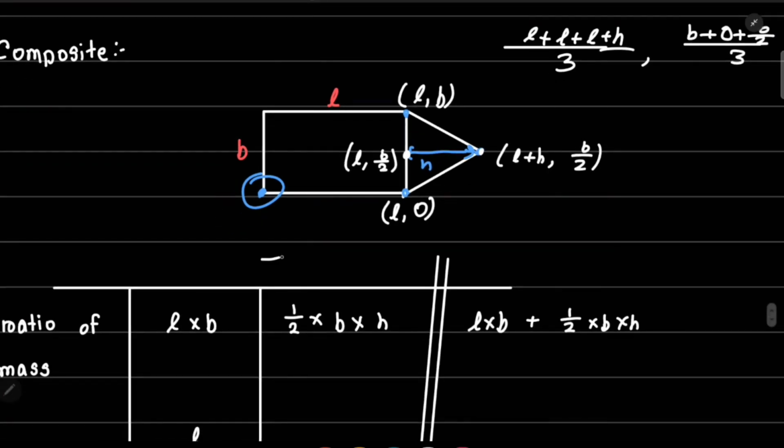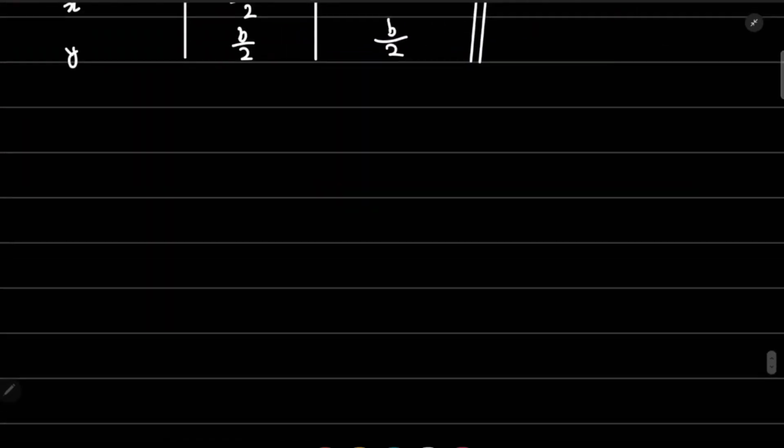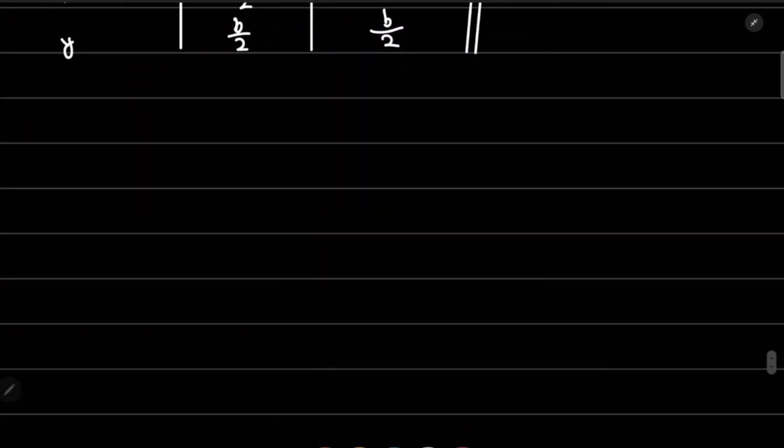Now we can write this composite lamina as the addition of two shapes. In other cases, we might have the subtraction of shapes. So we might have a square over here, and we can take away a sector or a circle or another rectangle from here.